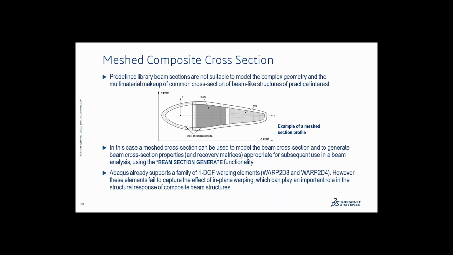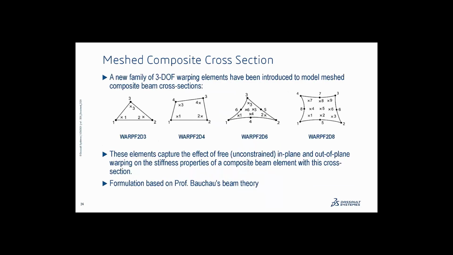We've had a capability to do meshed composite cross sections in Abaqus for a number of years. However, they were limited, in particular in the ability to capture the effects of in-plane warping, which can play a significant role for many of these beam structures. So what we've done is extend the meshed composite section library to include some new element types that include these additional warping degrees of freedom.